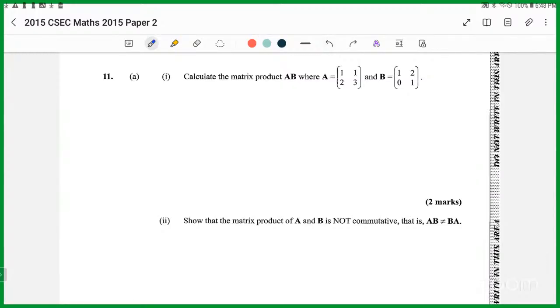Let's go. So we're multiplying 1 with 1, 2, 0, 1.